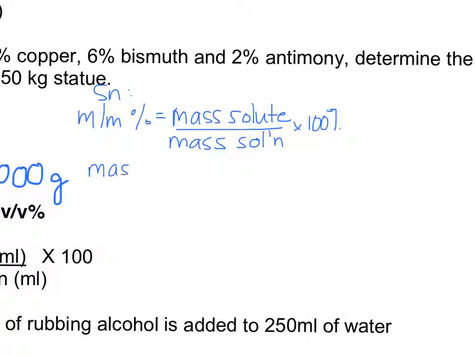I want the mass of the solute, which is tin. Sorry, I'm going to give myself a little bit more space. Scratch that out. Move it over to the left. I want the mass of the solute. So that's going to be mass per mass percent times mass of solution.